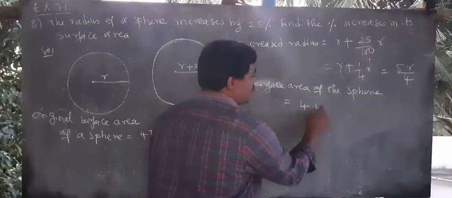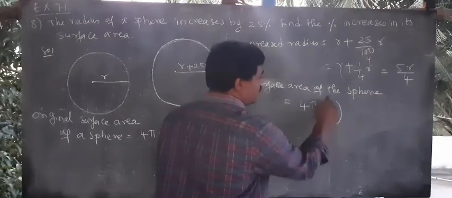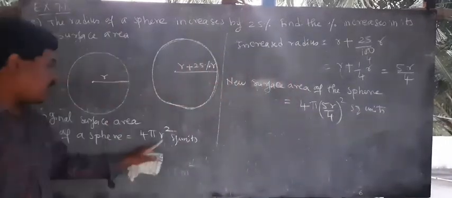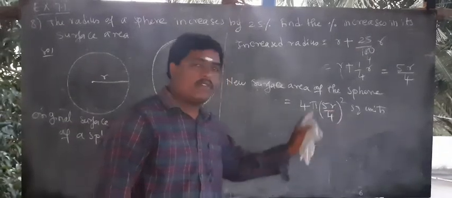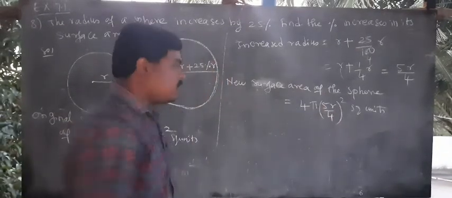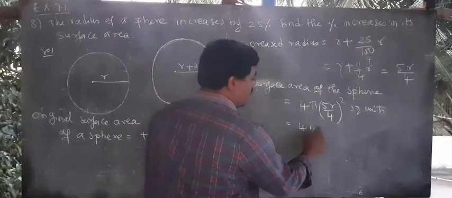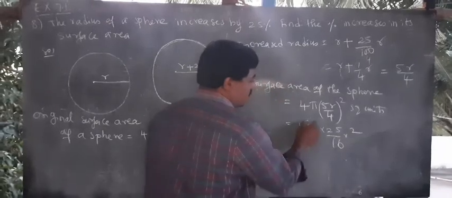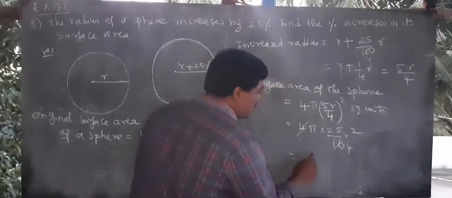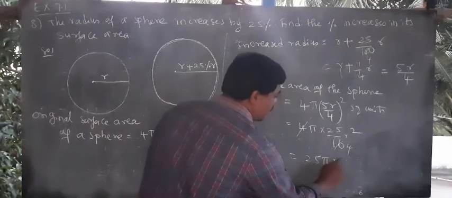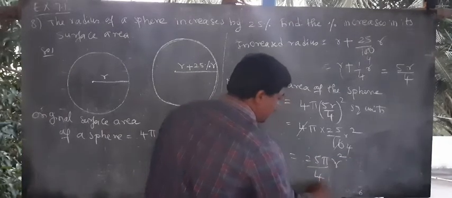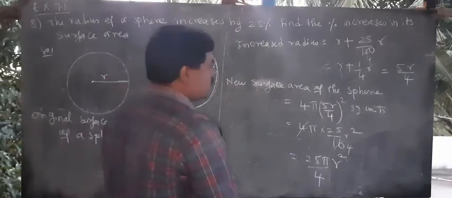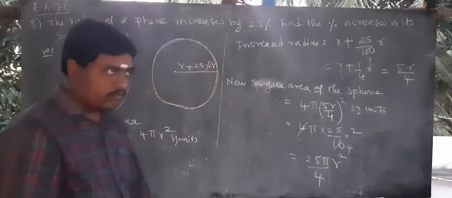So 4 pi into 5r by 4 whole square. Now 4 pi into 25 by 16 r square. This 4 cancels, so 25 pi r square by 4. This is the new surface area of the sphere.